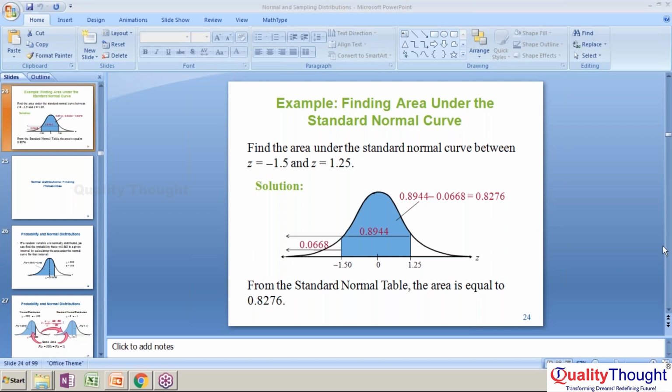I hope that you all opened the z distribution table on your end. Once you opened and made it ready, please let me know so that we could continue.